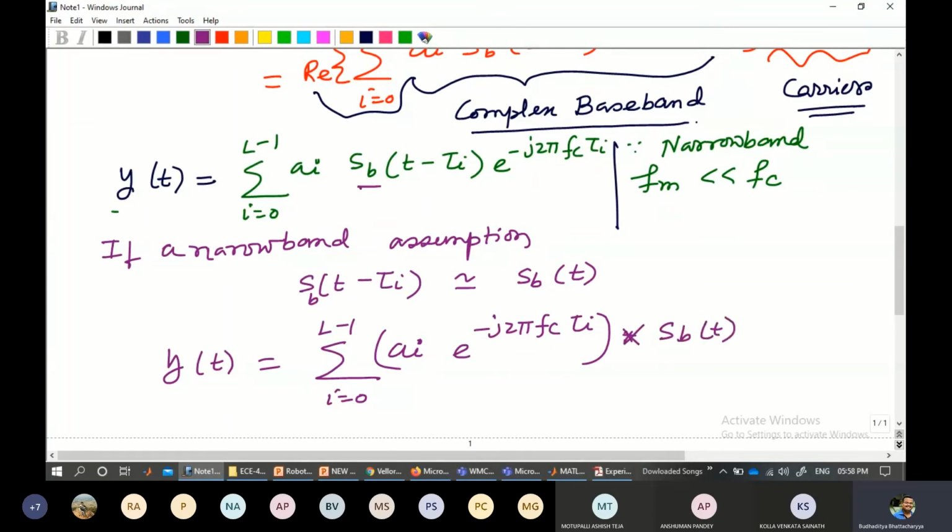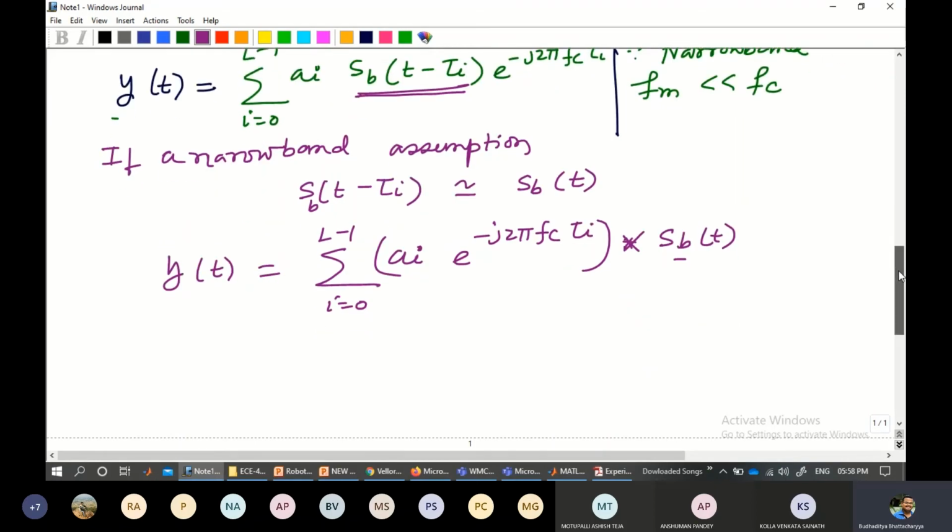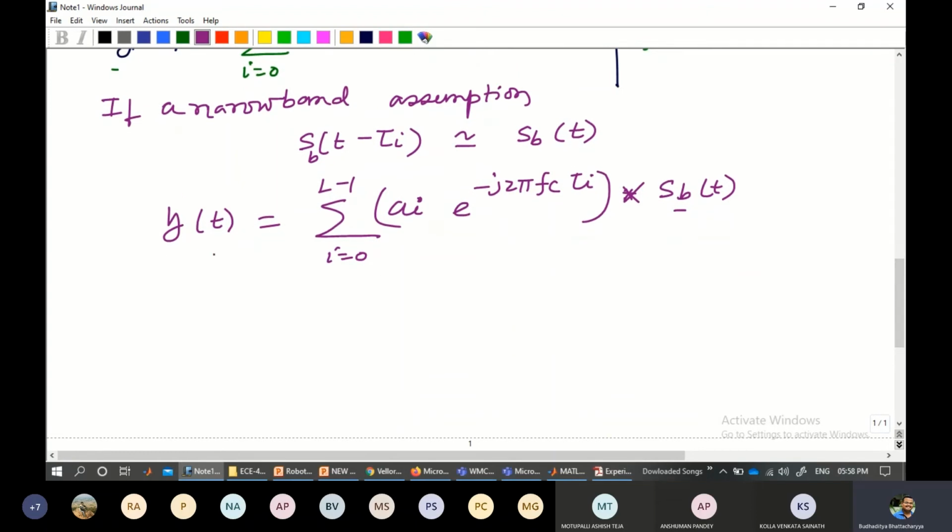See, this whole thing, s_b(t minus tau_i), is now replaced by s_b(t) only, and the rest of the things I have kept in a bracket. This is where our experiment starts. If you can observe, the received signal is dependent on the transmitted signal and a complex envelope.